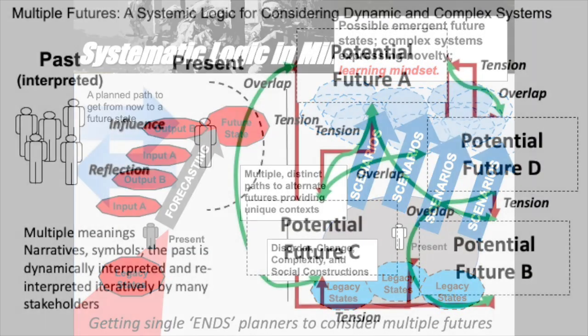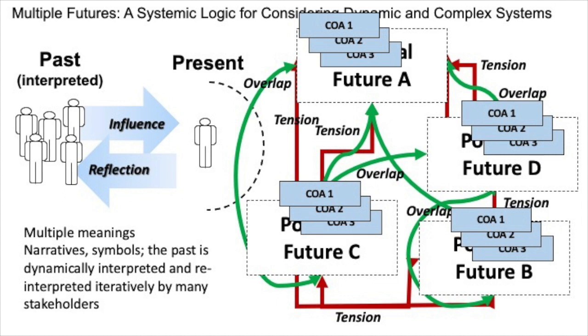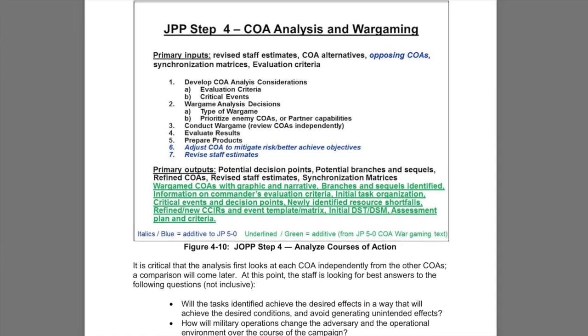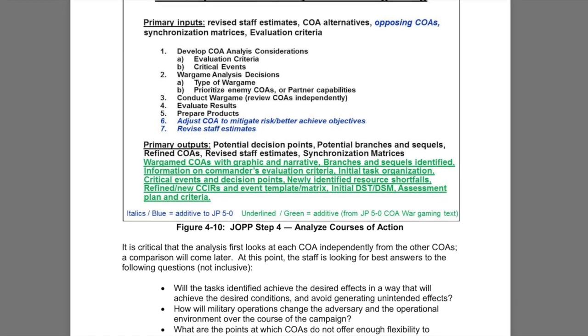In scenario planning, one might play multiple COAs in these multiple futures, so that in some futures, COA 1 might outperform COAs 2 and 3, but in another future, COA 3 outperforms COAs 1 and 2. This obviously violates military systematic logic and renders things like COA wargaming and COA decision-making increasingly fragile and confusing.